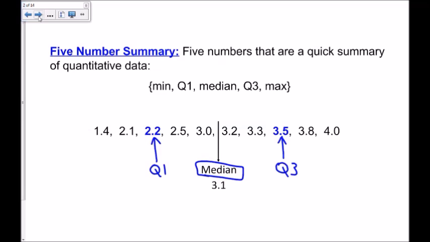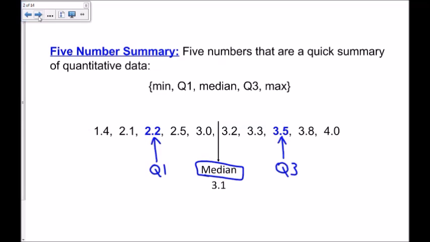The 5-number summary are 5 numbers that are a quick summary of quantitative data. Those numbers are the minimum, Q1, the median, Q3, and the maximum.